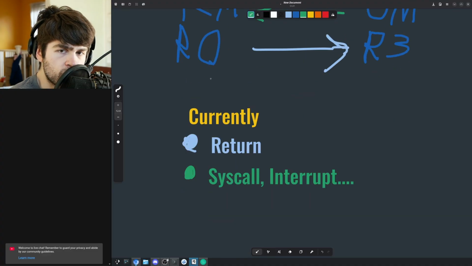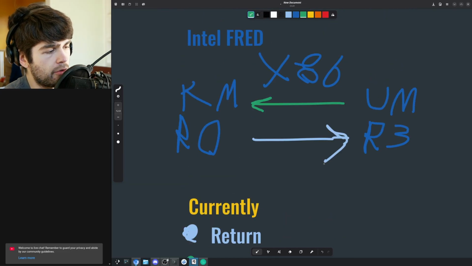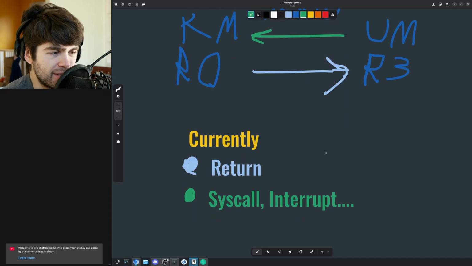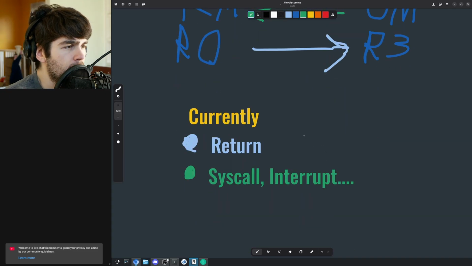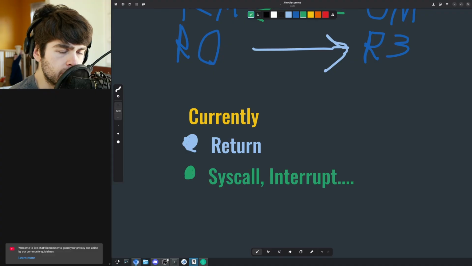So the question is, how do we make the process of switching simpler? Because right now, the issue that I believe they have is that we have a lot of convoluted pathways that are created just to grant kernel mode or to remove kernel mode.